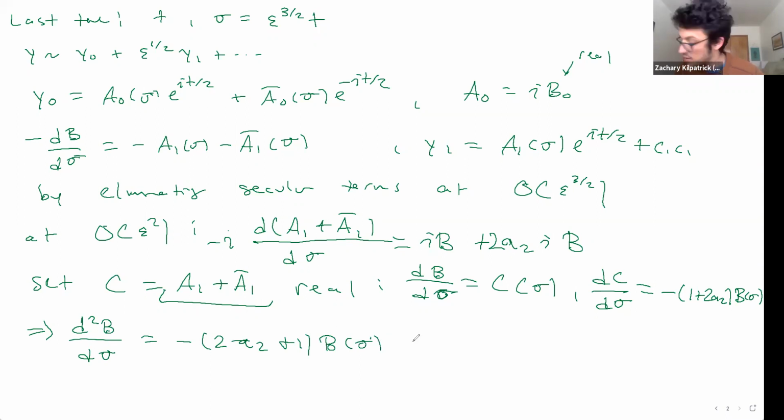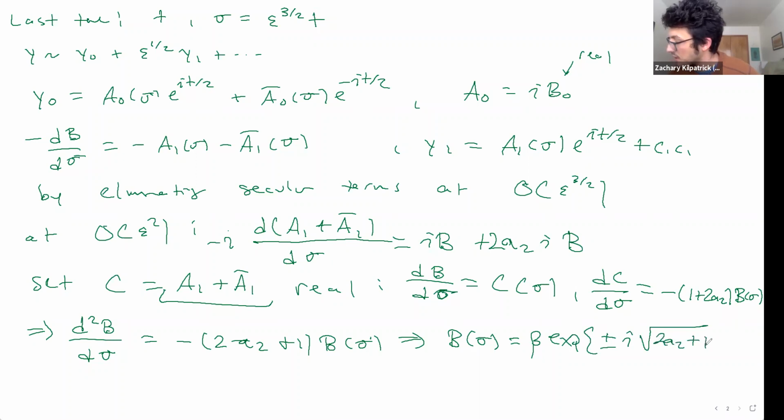We can easily solve this to get that B of sigma is equal to beta times the exponential of plus or minus i square root of (2A2 plus 1) times sigma. Okay. And so what we find is that in order to keep the multiplier up here pure imaginary, we need the argument of the square root to stay positive.